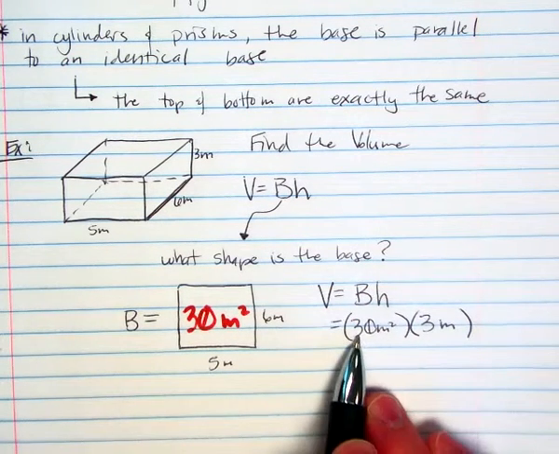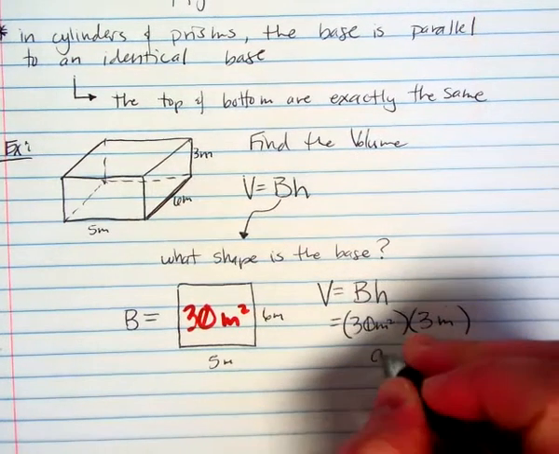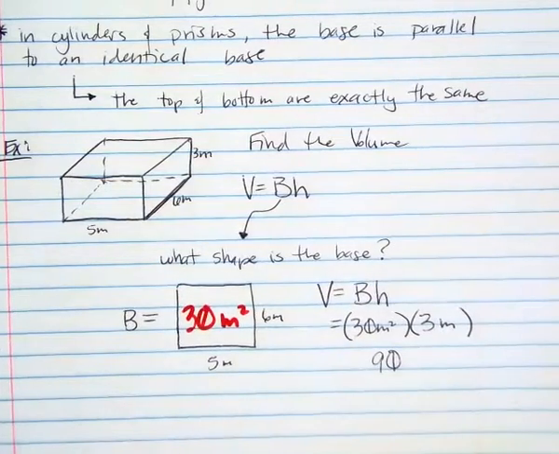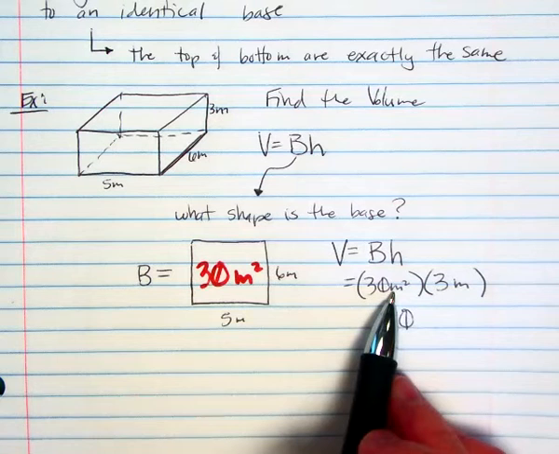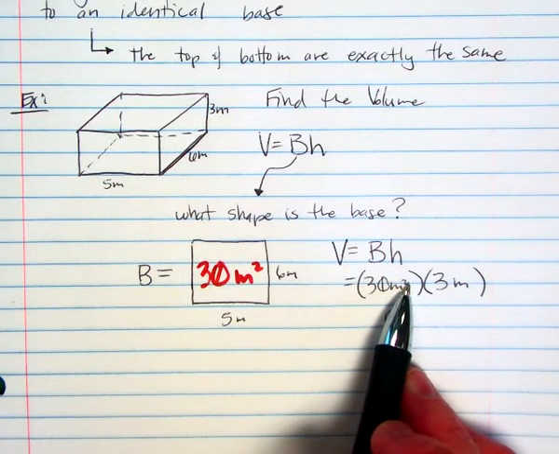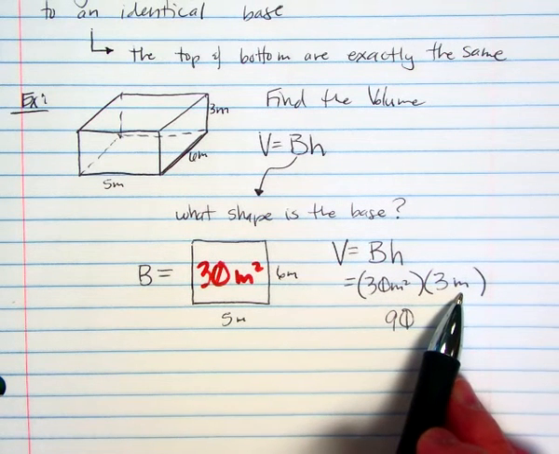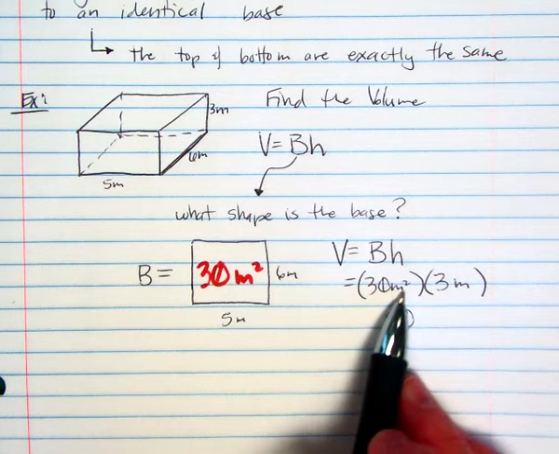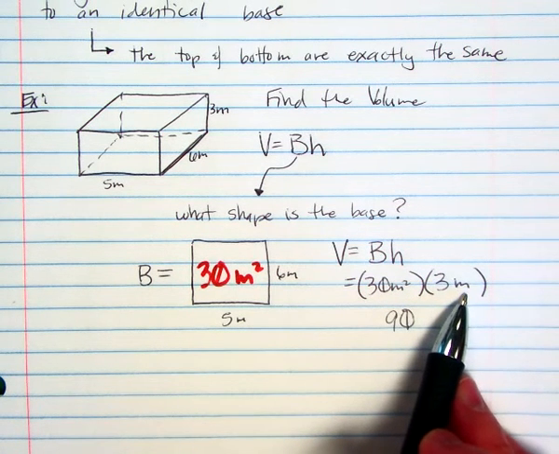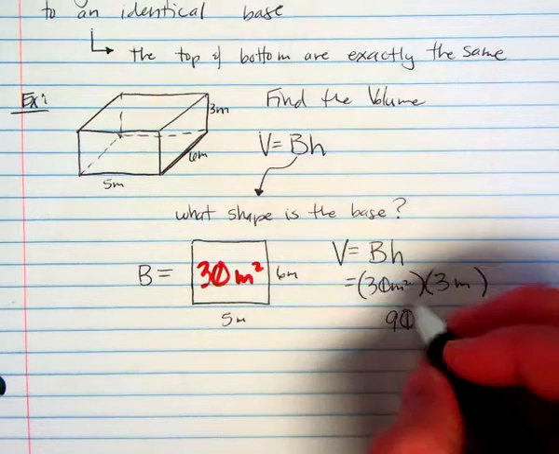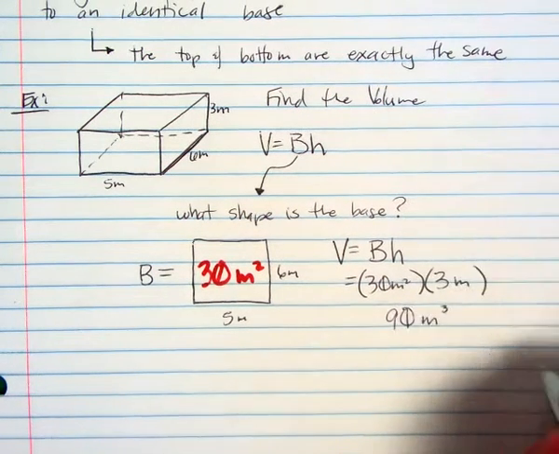Let's multiply our numbers. 30 times 3 gives me 90. But we have to be careful with our units now. I have meters squared times meters. Meters squared meant there were 2 of them, right? Times meters again. So now there's 3 different measurements. So meters cubed.